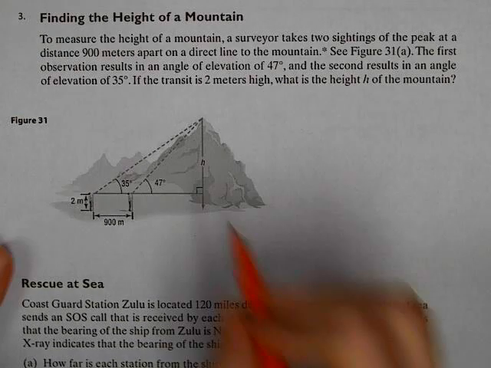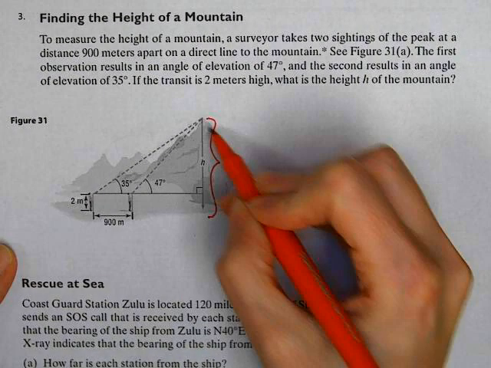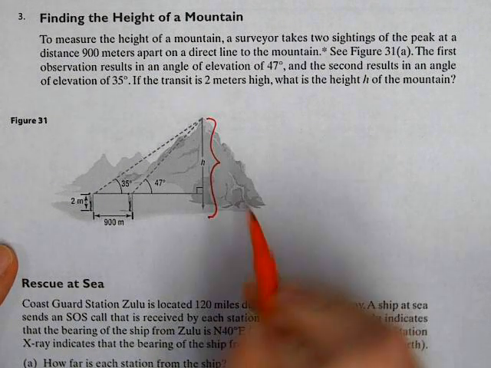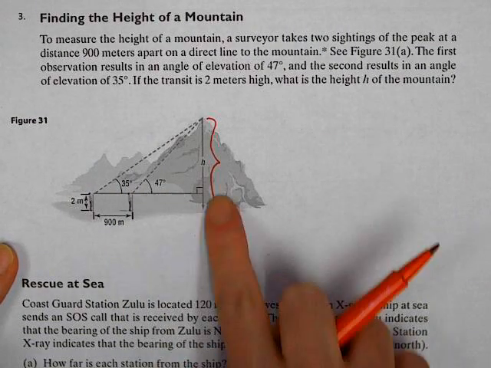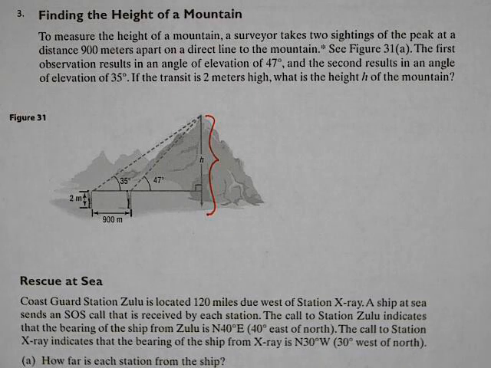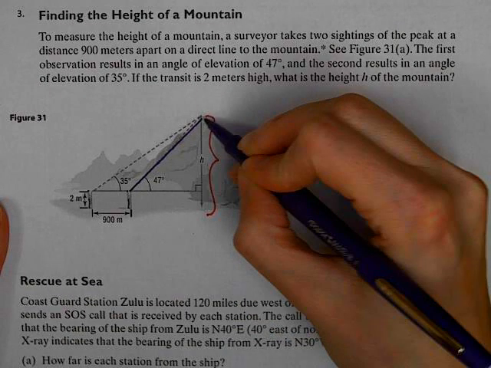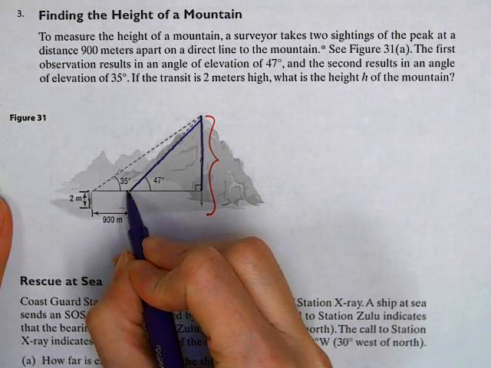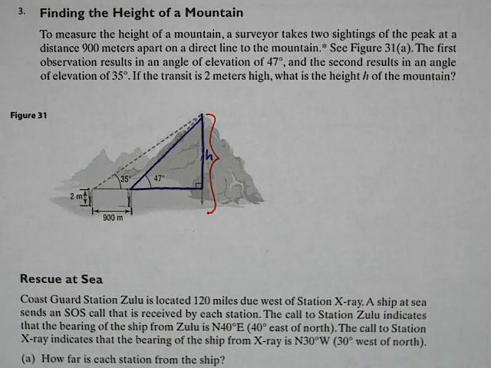Okay, so pretty much all we're going to do is, in the end, we're going to find the whole height of the mountain, but we're just going to use the h so we have some right triangles here. Okay, so let's start with this purple triangle. Let's see if we can find the height of this triangle.